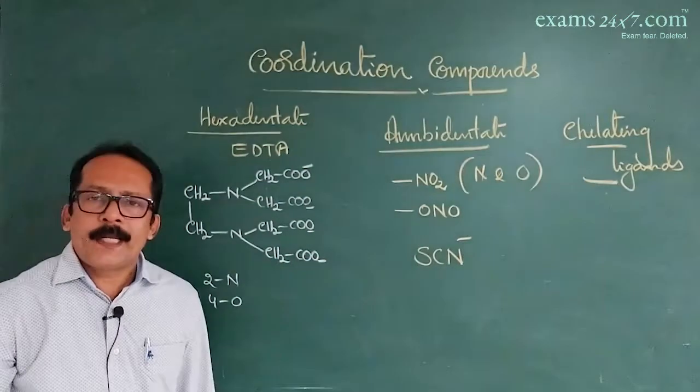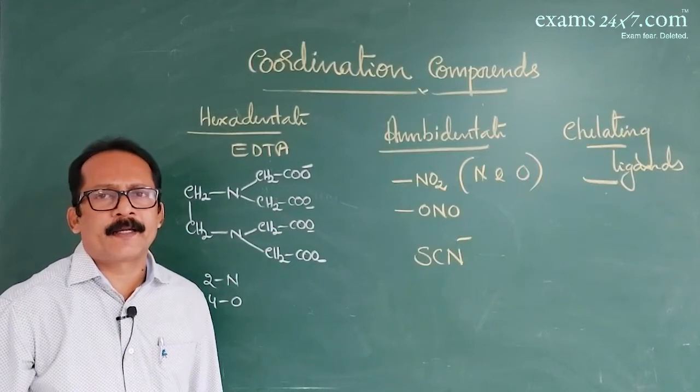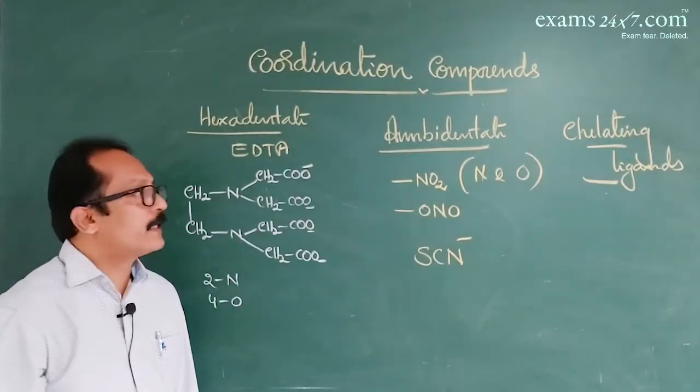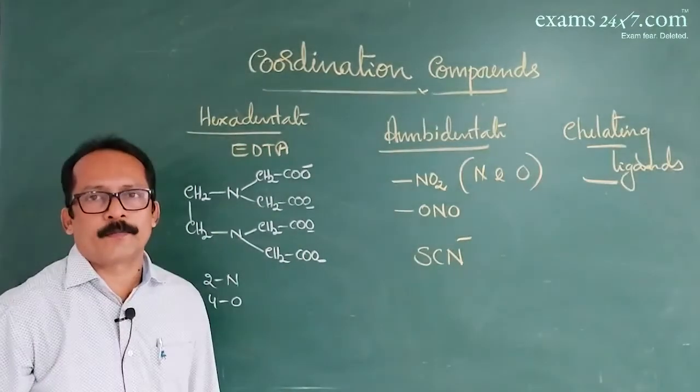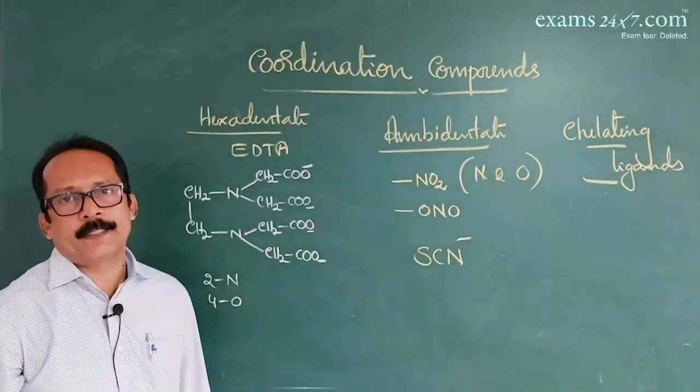These are polydentate ligands, bidentate, tridentate, tetradentate, like that. And they form ring-like structure around the central metal atom or metal ion. Such kind of ligands are called chelating ligands.